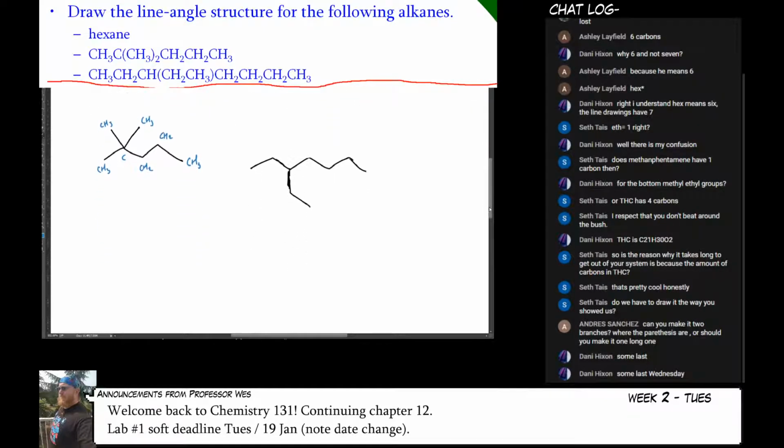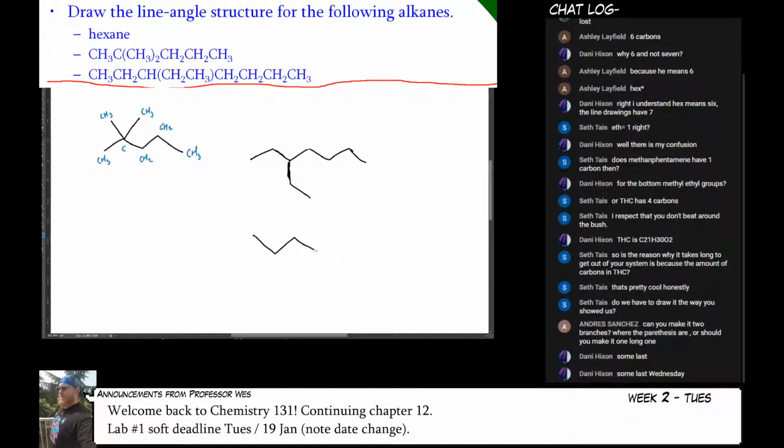So I drew this, but let's suppose that instead you start zigzagging down like this. 1, 2, 3, 4, 5, 6, that's fine. Then my third carbon, you can go whichever direction you want to. Or maybe I went like this instead. That would be okay. Or in this one, maybe you just 1, 2, 3, 4, 5, 6.